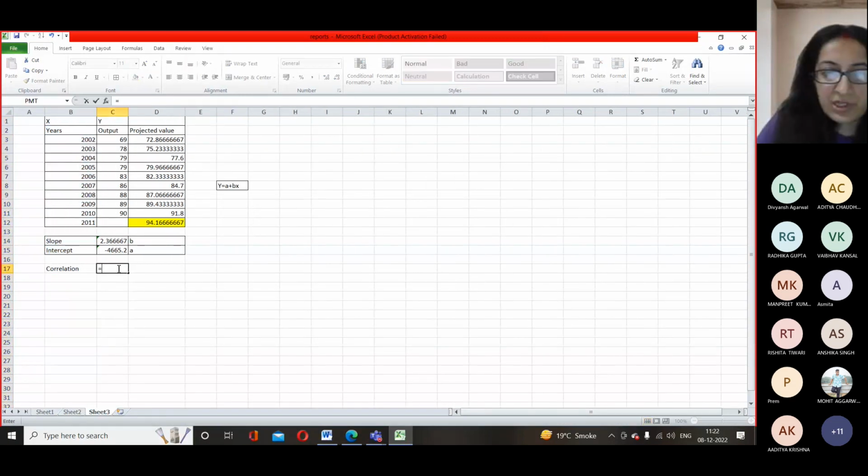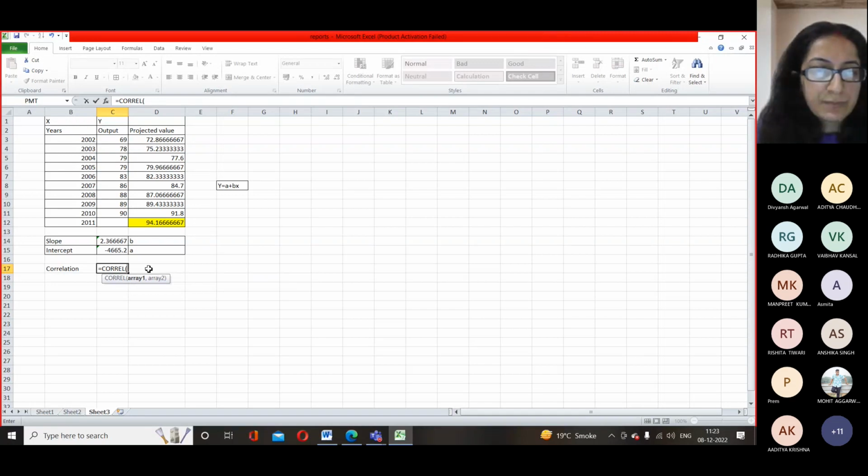If I go here, correlation, this is equal to correlation. Array 1, now pay attention here. Array 1 is this.